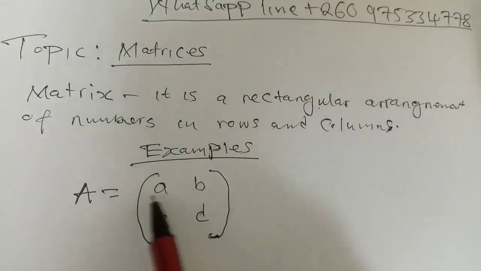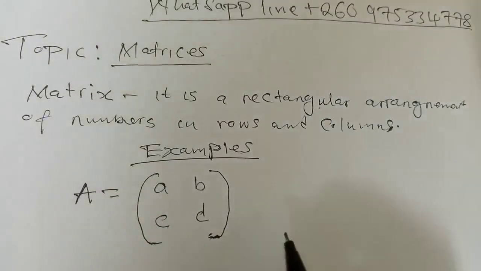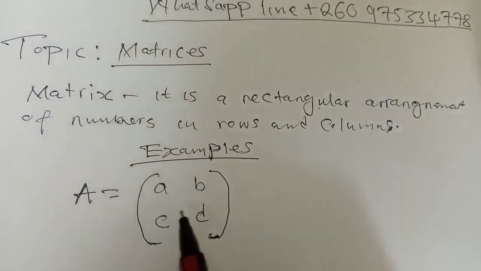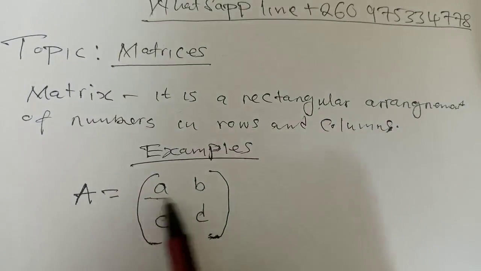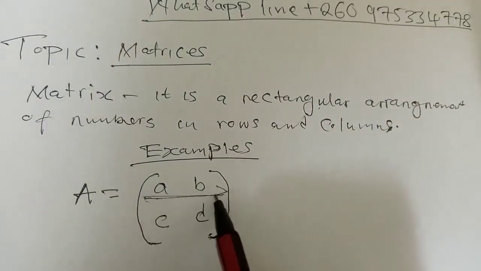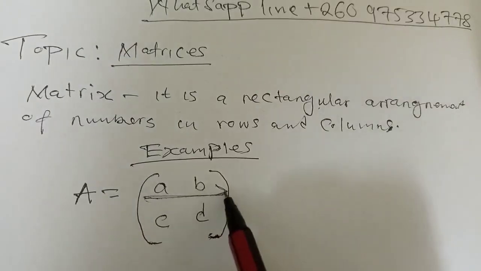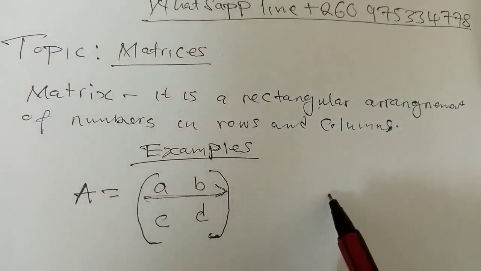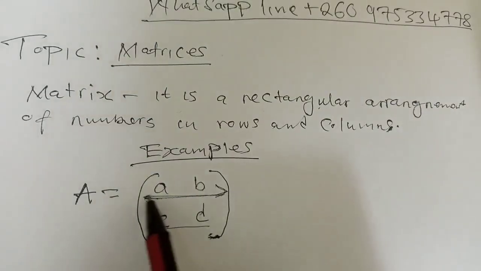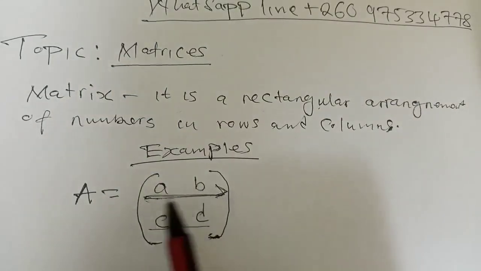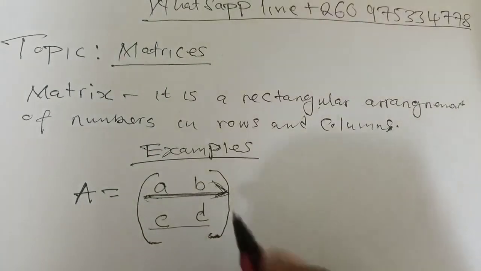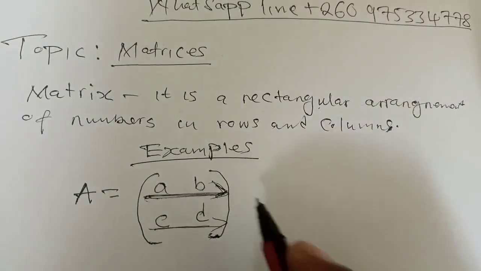The rows, they are in vertical. I mean, they are in horizontal, not vertical. I'm sorry. These are what we call rows.